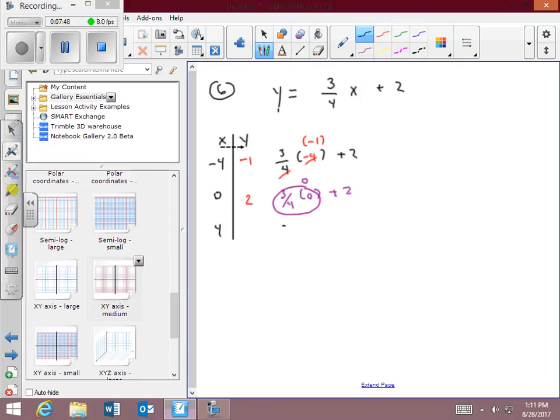Then if I go 3/4 and put my 4 in, the 4 and the 4 make 1, right? And then 1 times 3 is 3, plus 2 makes this 5. Now I have these ordered pairs that I'm going to plot.